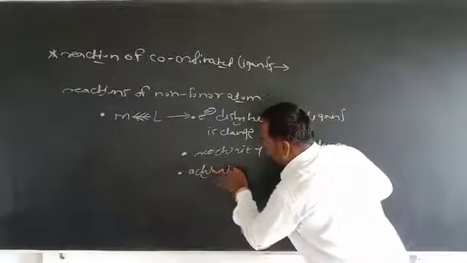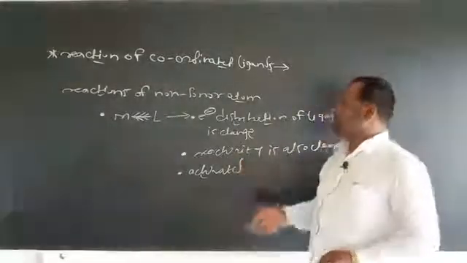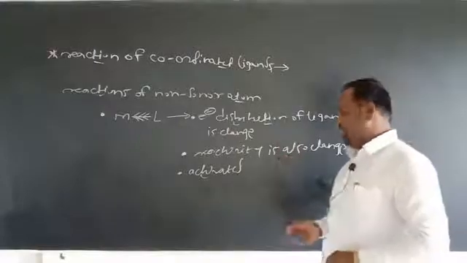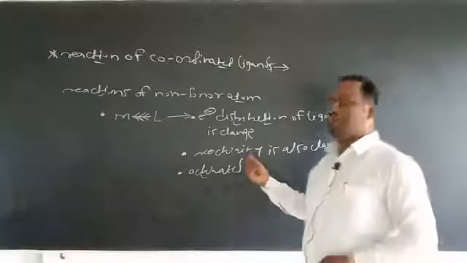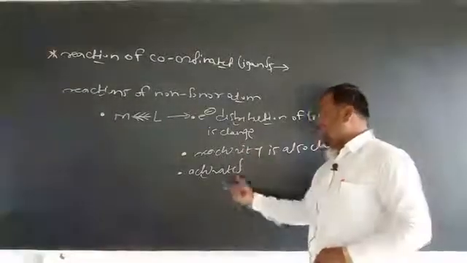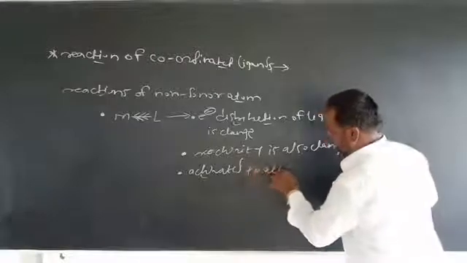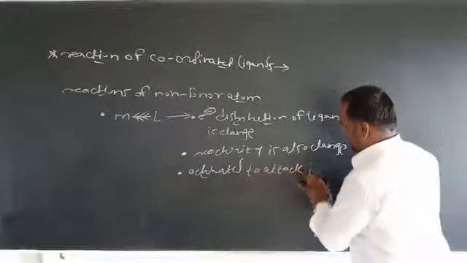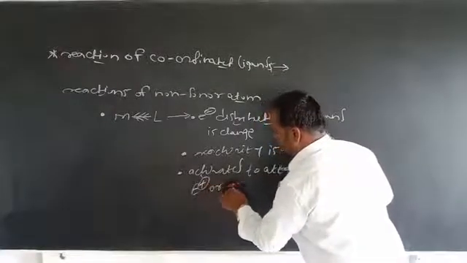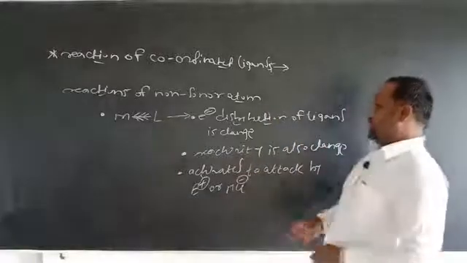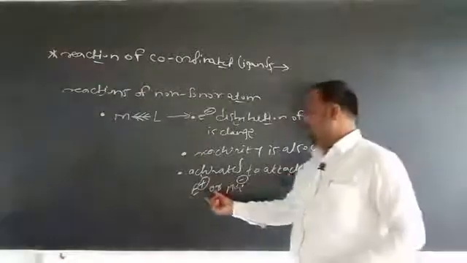When a ligand forms a bond with a metal atom, its electron distribution changes, so the ligands get activated to attack by electrophiles or nucleophiles.